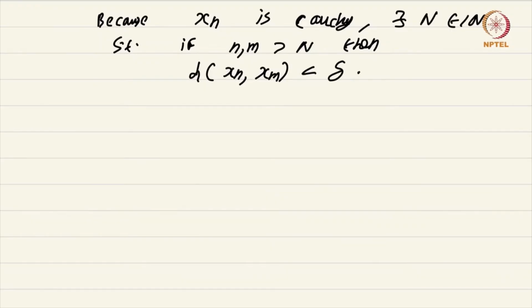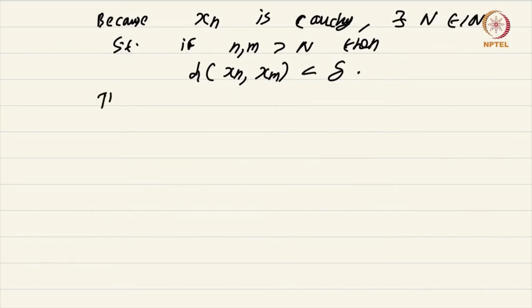Okay, this is just the definition of a sequence being Cauchy applied to the case where I'm choosing delta to be the quantity the sequence must get close to eventually. So you can find a natural number N such that if n and m are greater than capital N, then d(x_n, x_m) is less than delta. This should be trivial at this point.